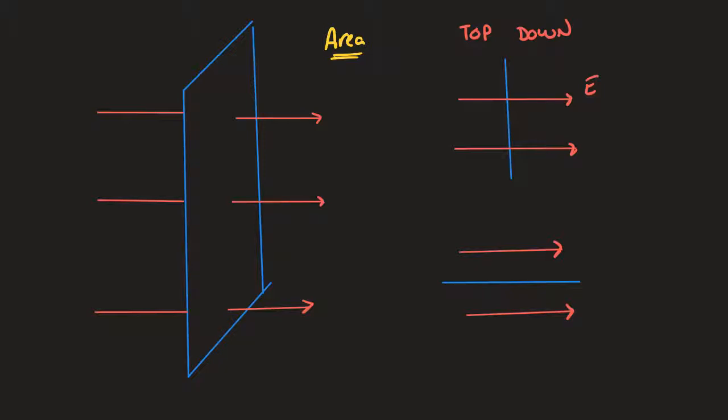The direction of an area is perpendicular to the surface, pointing away from the enclosed volume. So if I was to draw in little arrows to indicate the direction of the surface, each one of these arrows represents a small amount of area, and they're pointing in the direction in which I believe they face.